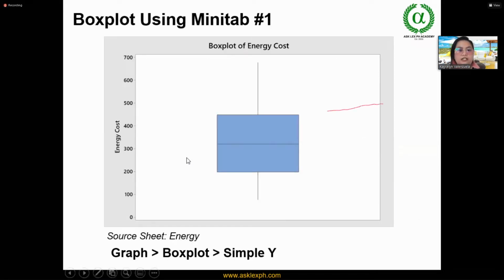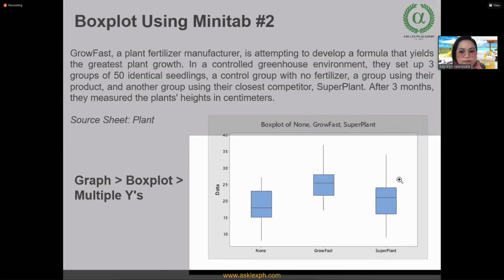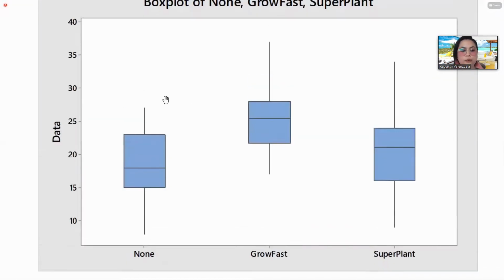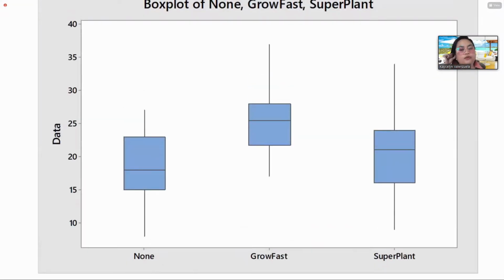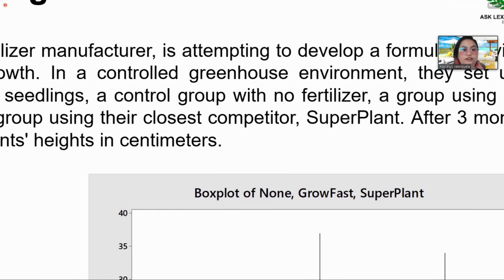Okay, so for example, if this is your mean, ibig sabihin mababa yung data mo, or kung nandito yung mean ko, mataas yung data mo. If you will look at comparison here, tignan nyo. So, compare niya ngayon yung growth ng magkakaibang fertilizer.